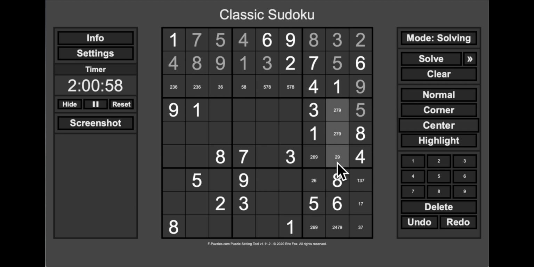Okay, I think columns 8, 9, and 7 are right.